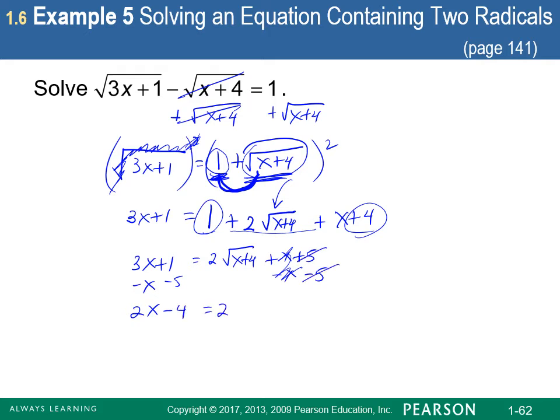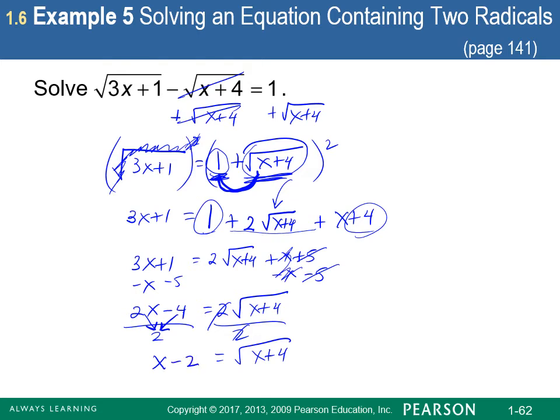And now we want to divide both sides by 2. So we end up with the square root of x plus 4. And here, remember, we have to do both of these together. 2 divided by 2 is 1x. 4 divided by 2 is 2.